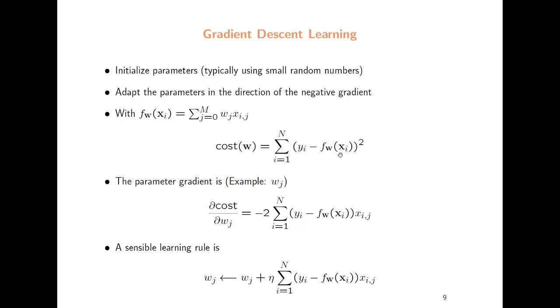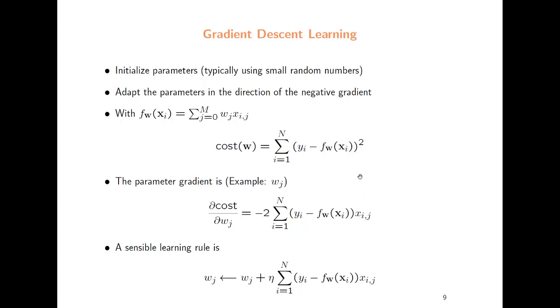This is a quadratic expression, so this is 2 times the inner term, and then the inner derivative. So we're applying the chain rule. If we take the derivative of this term with respect to Wj, we're only left with the xij. So we get the difference times the xij, where xij is the jth input of the ith data point.